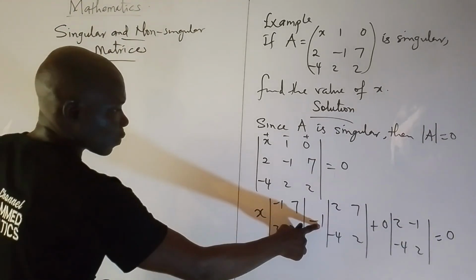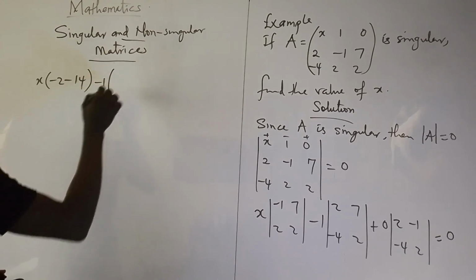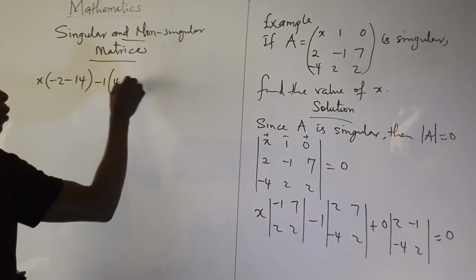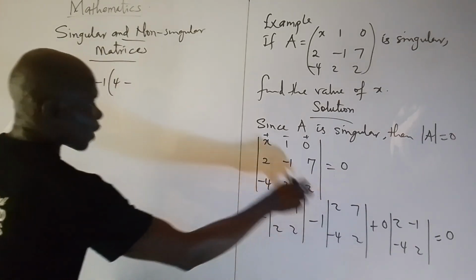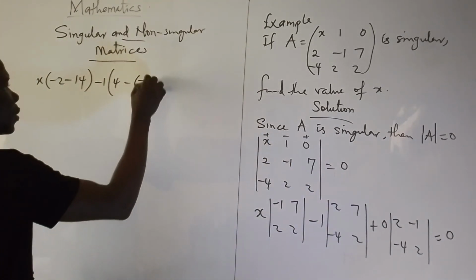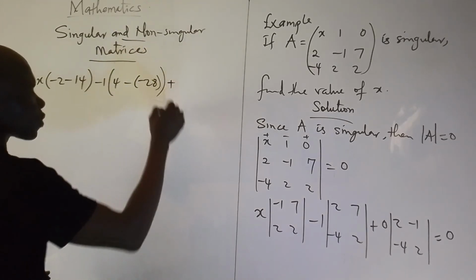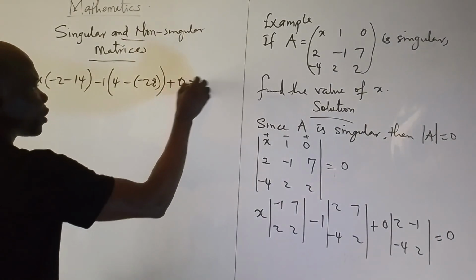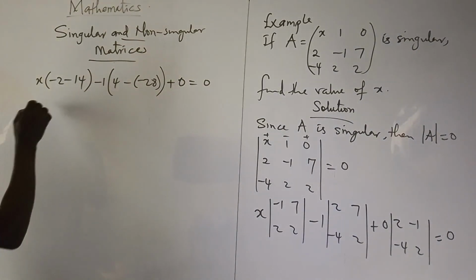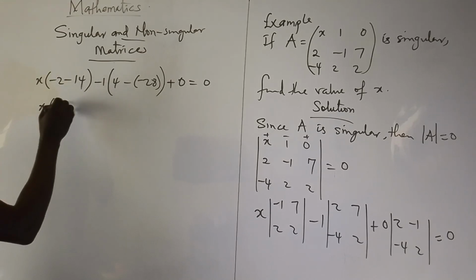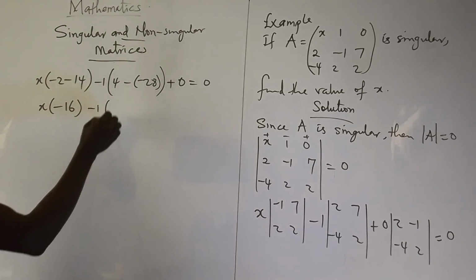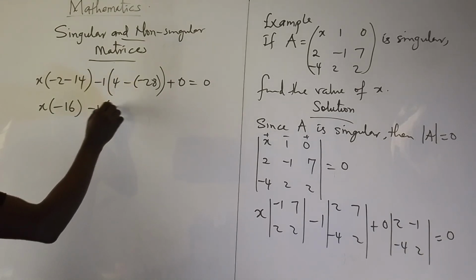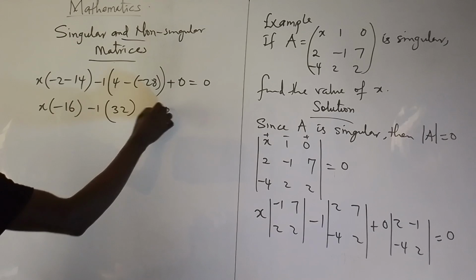Then minus 1 times the bracket: 2 times 2 is 4, minus minus 4 times 7 is minus minus 28. Then plus, of course, the last one there is 0, so you don't need to bother yourself with that, just put a 0. This is also equal to 0. So this is x times minus 16, minus 1 times the bracket: minus times minus is plus, so 4 plus 28, that is 32, equals 0.